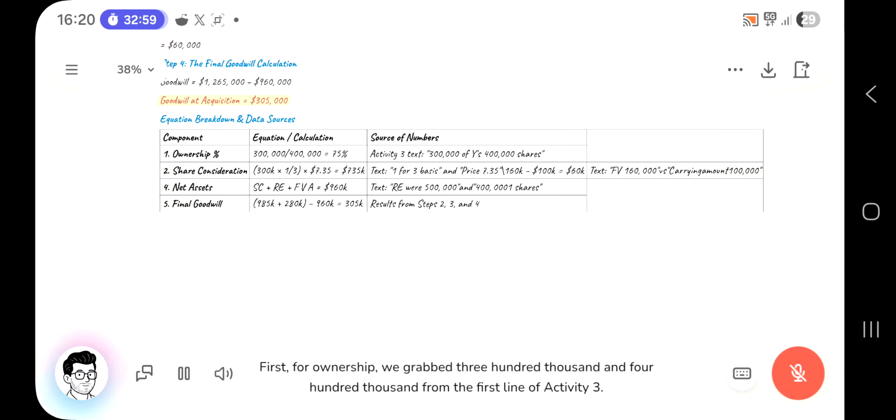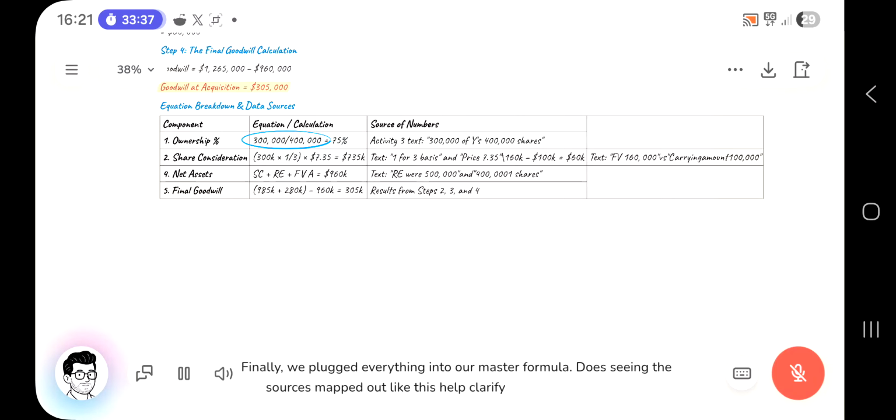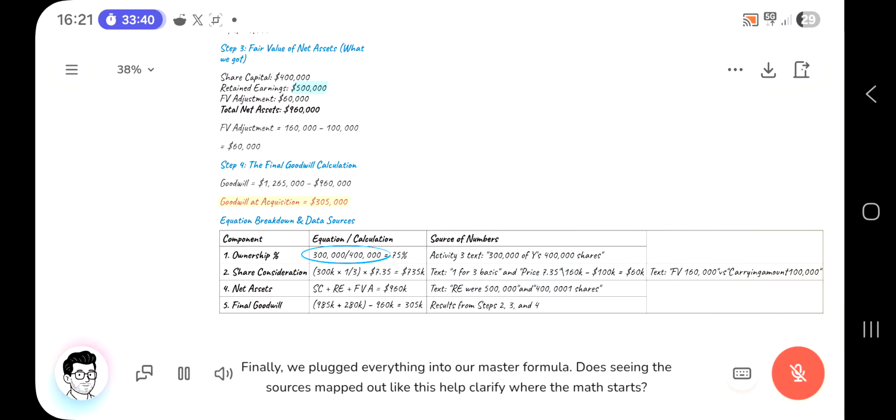Third, the fair value adjustment of 60,000 came from the difference between the land's fair value of 160,000 and its carrying amount of 100,000. Fourth, for net assets, we got the share capital from the 400,000 shares at $1 each, and the 500,000 for retained earnings was explicitly stated as the amount on January 1st. Finally, we plugged everything into our master formula. Does seeing the sources mapped out like this help clarify where the math starts?